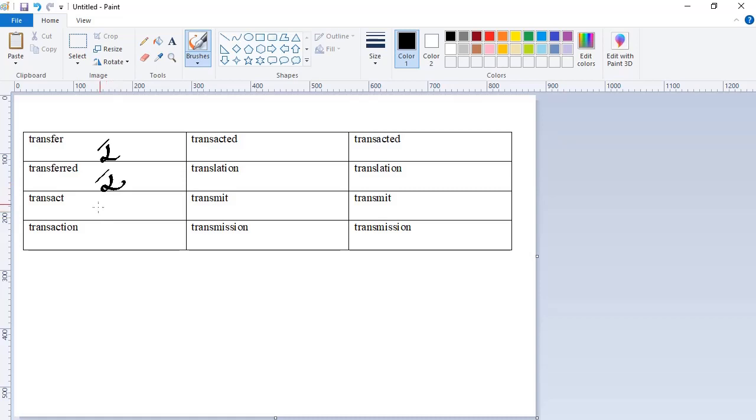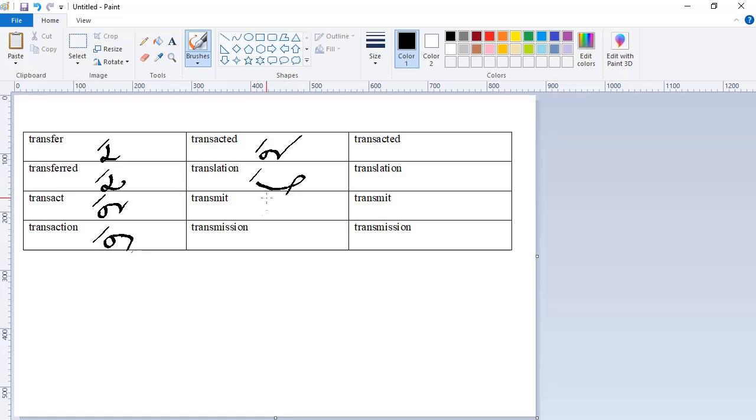F-R-D. Transact. So, we have trans and then act. Next, transaction, trans, action. Next, transacted. We have trans and then acted. Translation. We have trans and then lation.